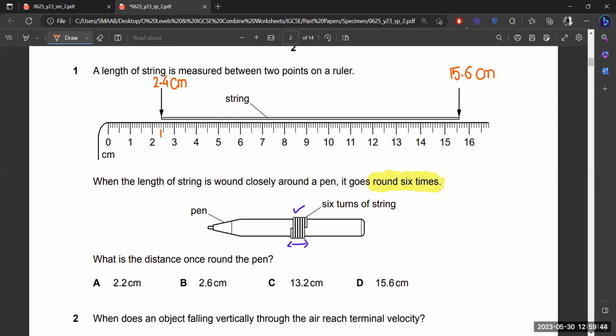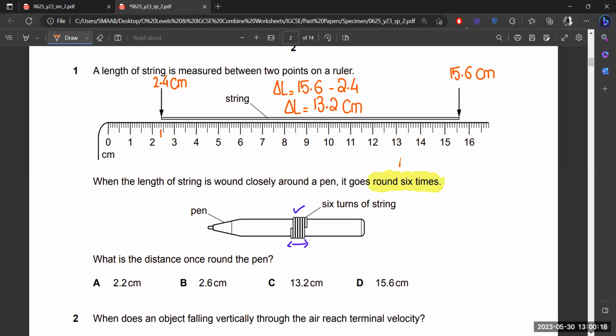So this is the total length, and if we take the initial and final length and calculate the change in length, the change in length will be equal to final minus initial. So 15.6 minus 2.4, that is 13.2. So the actual length of the string is 13.2 centimeter.